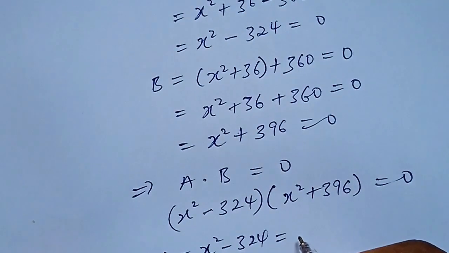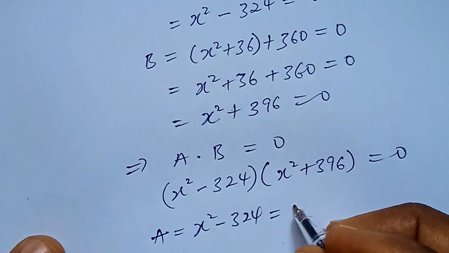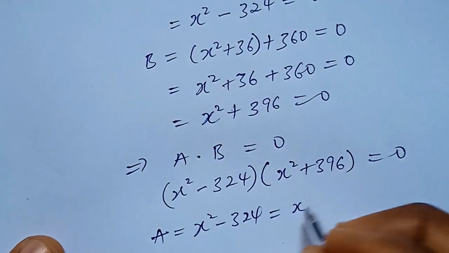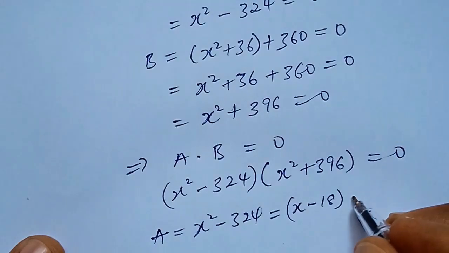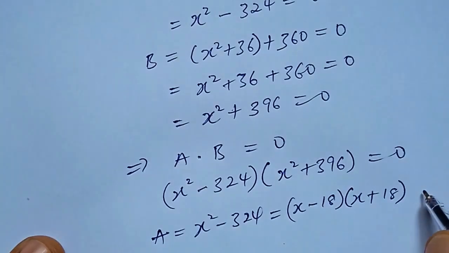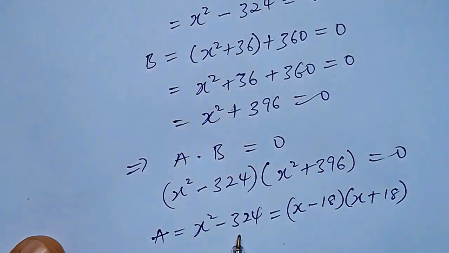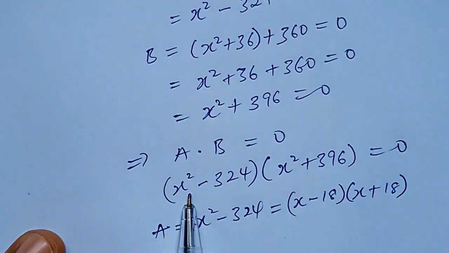can also be factorized as (x minus 18) into (x plus 18). This can be factorized into this, and we now input this back into what we have here.